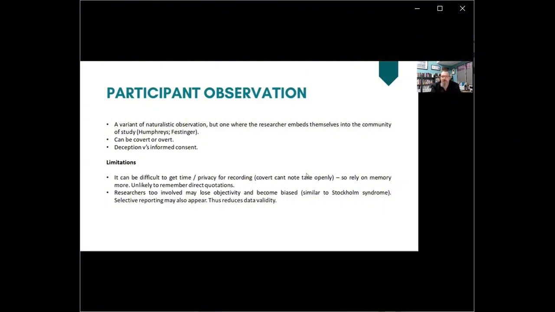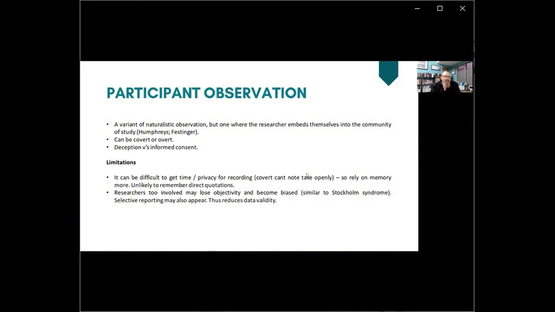A couple of the most common historical studies of this type have been Humphreys, also Festinger. Humphreys actually broke the law in order to conduct his groundbreaking research, which ultimately helped change the law as well. But he was initially an external observer who grew, in a way, to become an internal participant in the community being researched as well.